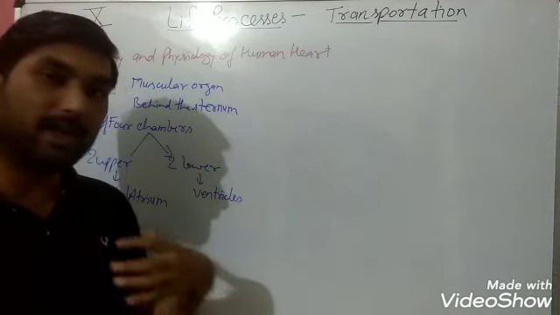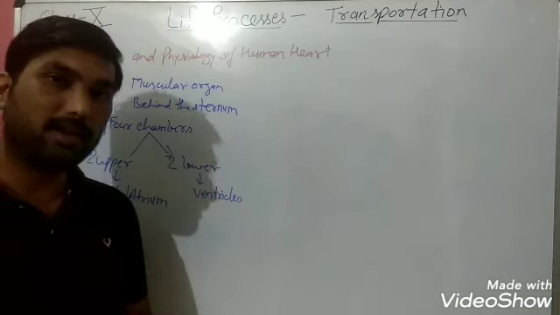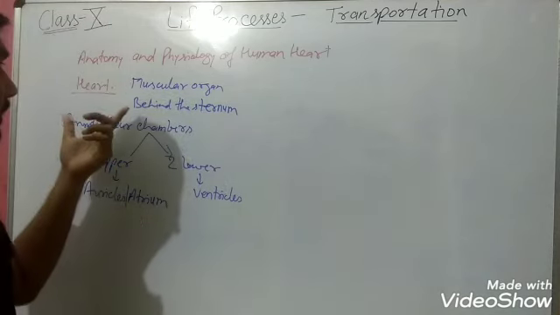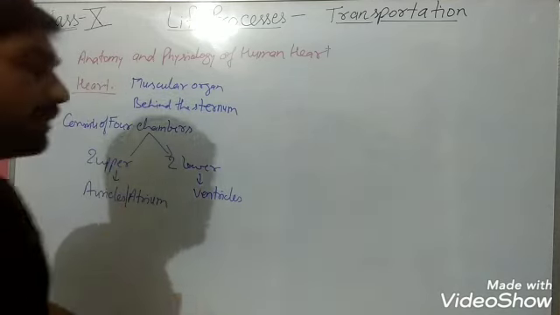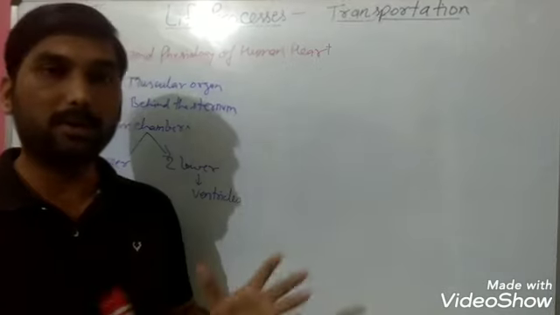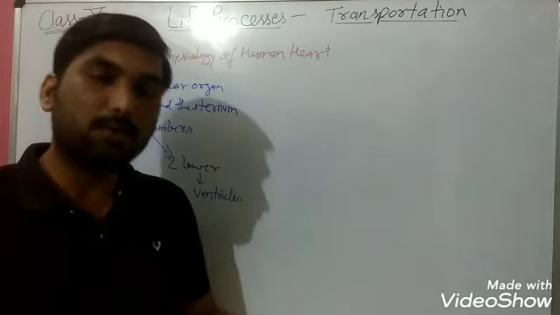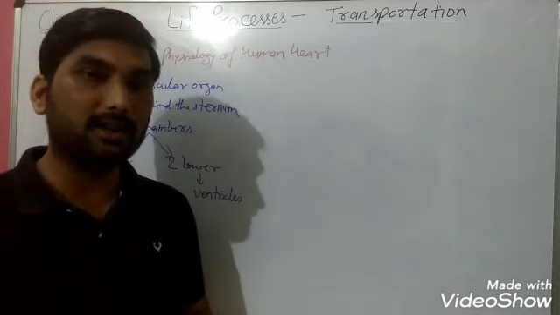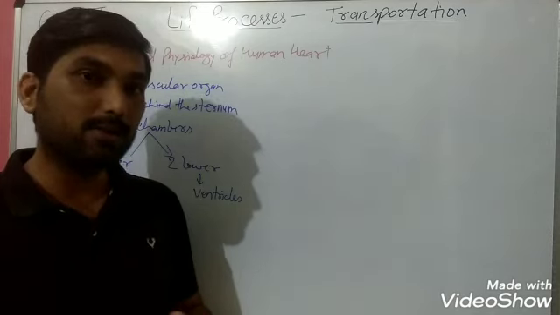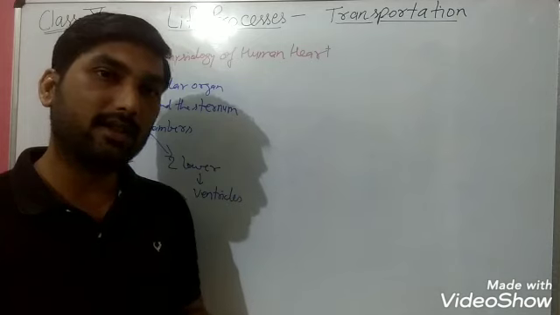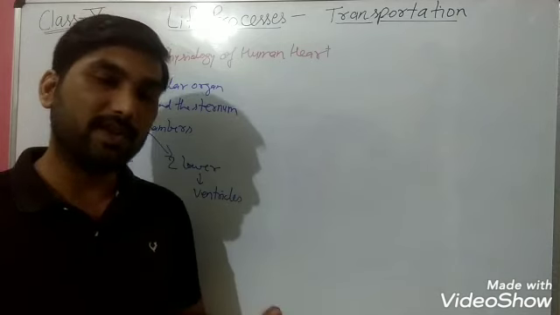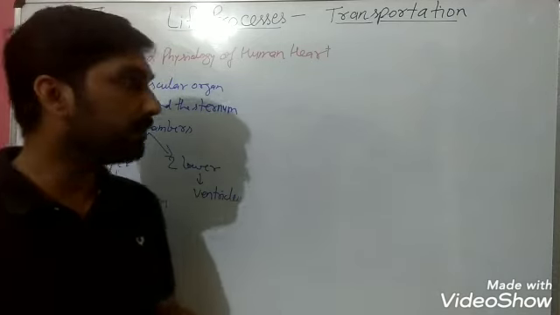The function of the heart is to pump the blood so that it flows throughout all tissues and cells, and they can absorb and release nutrients as well as waste materials into the blood.